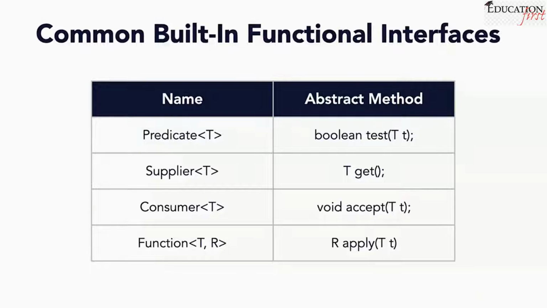It's a void, but it does accept something of type T, the generic. Then we have function. A function has two generics, T and R. R is for the return type. So it's returning this type, and the method is called apply since it's changing something, and it's taking up a T. Let's move over to IntelliJ and see how we could implement these without using Lambda expressions.